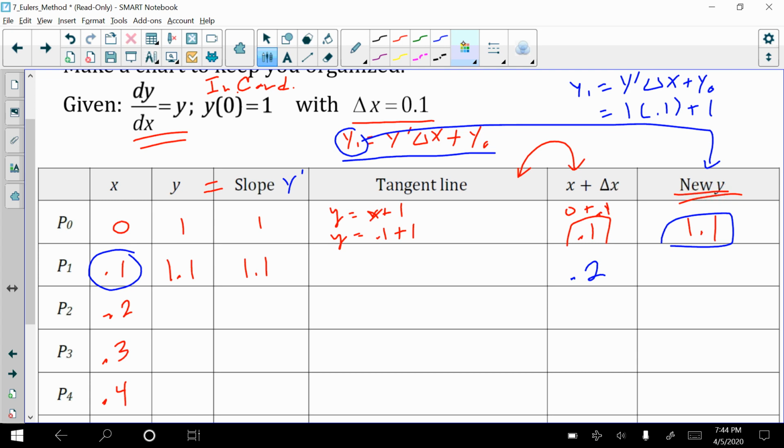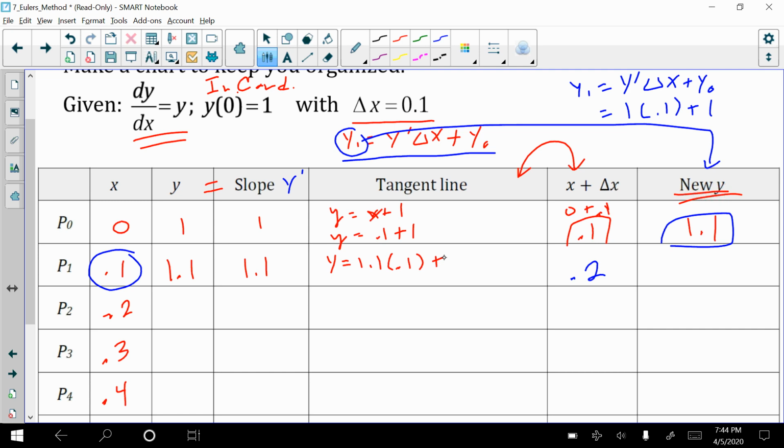So again, I'm looking at the equation y is equal to y prime times delta x plus y naught. And when I do that, I'm going to get y is equal to y prime, in this case 1.1. The delta x is going to still be 0.1, so 0.1 plus the, now in this case, we're not going to the y naught. We're not going to go back to the initial y value.